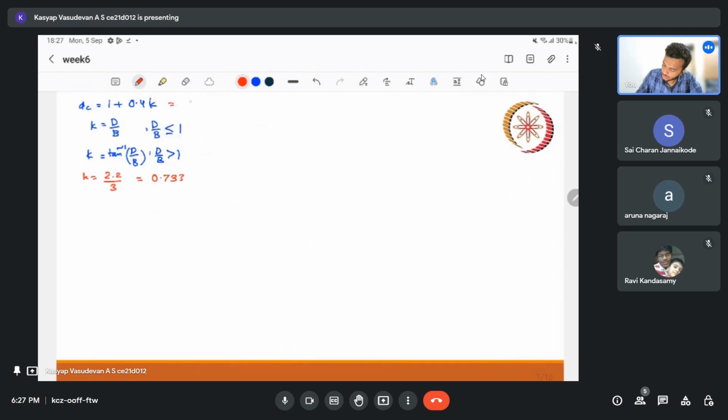We can substitute here 1 plus 0.4 into 0.733. This is nothing but 1.2932.